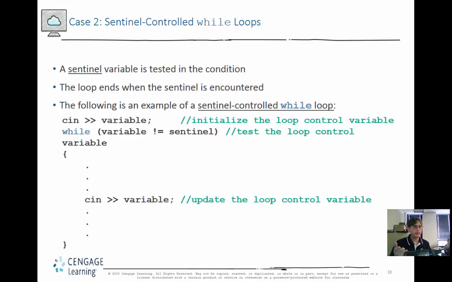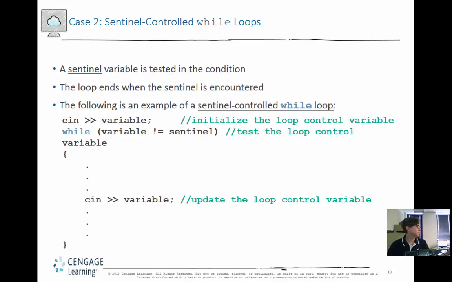With a sentinel-controlled loop, your initialization is you're going to get the first value. Sometimes we call that the priming read. So you get the first value, and then you test to see if that input value they just input is not equal to this special sentinel value, and you're going to repeat the loop.